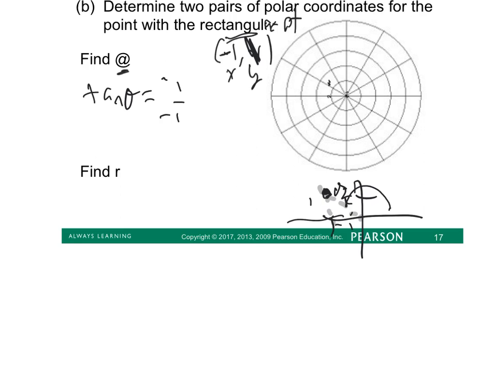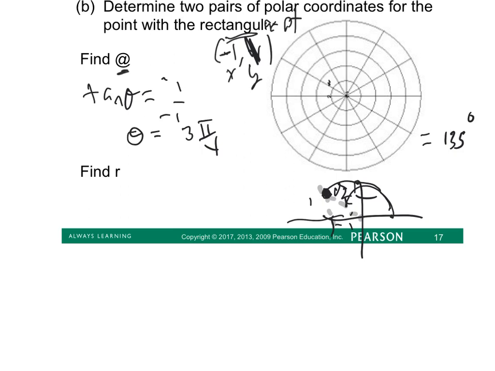So theta in this quadrant must be 3 pi over 4. Or if we're doing it in degrees, 3 times 45 is 135 degrees. So we'll just do them both to see which one he gives us at the end.